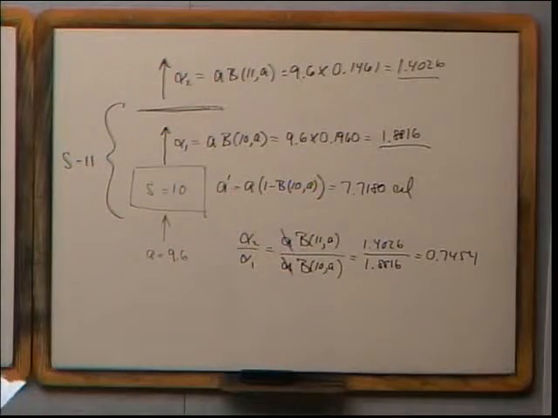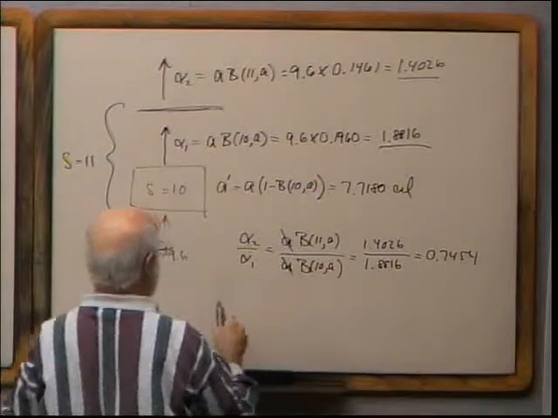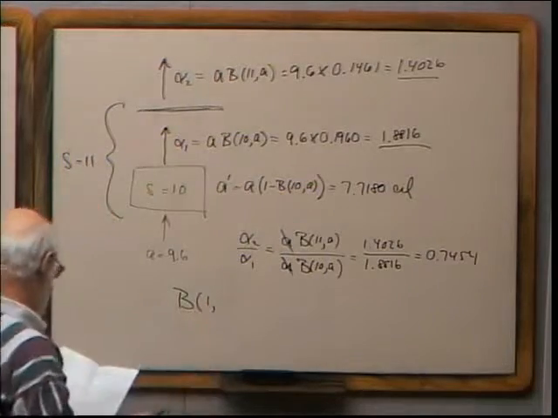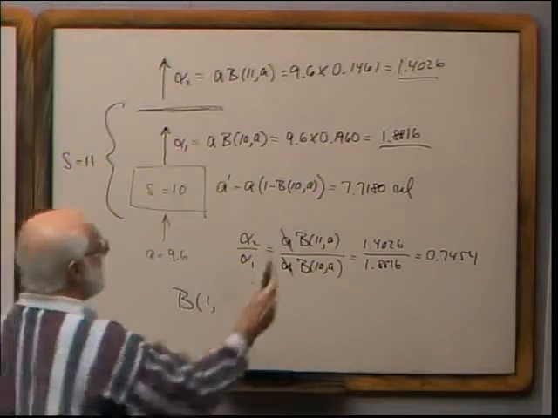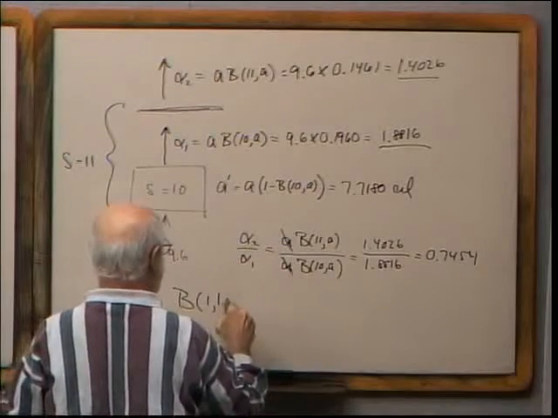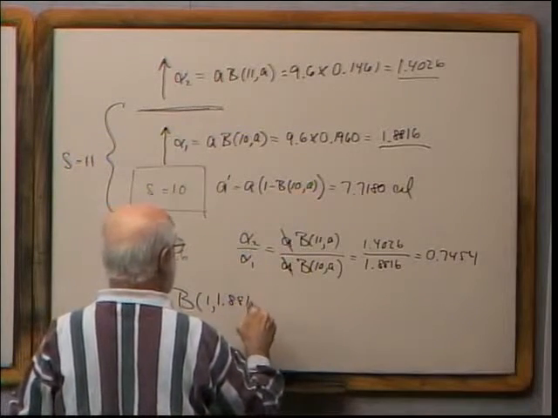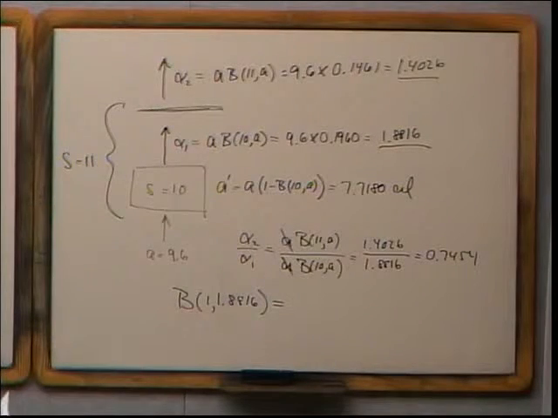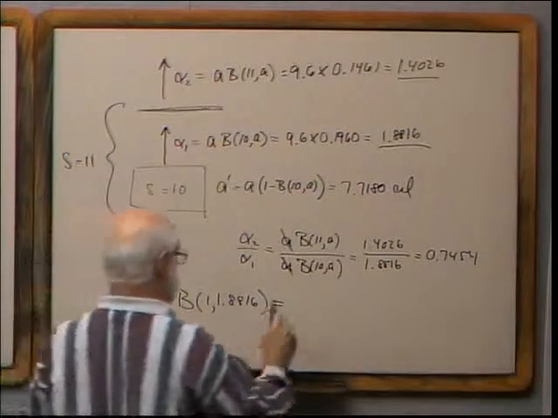Okay, so suppose I wanted to calculate the Erlang B with one server and an offered load of 1.8816 Erlangs. So I make that calculation, and it turns out to be 0.6230.